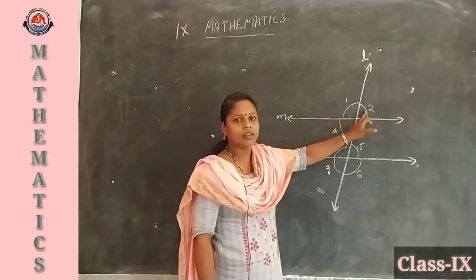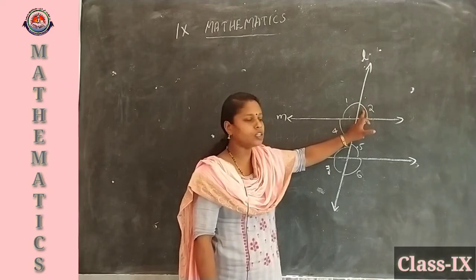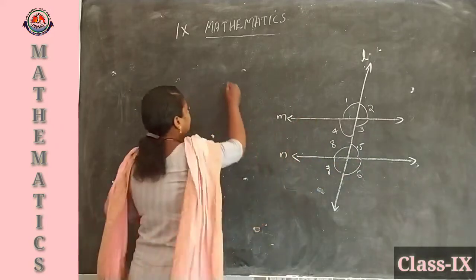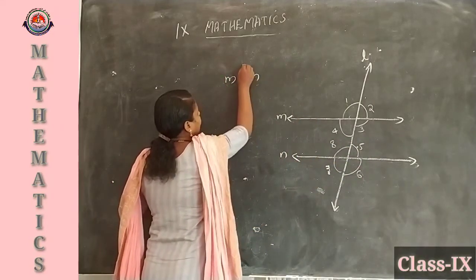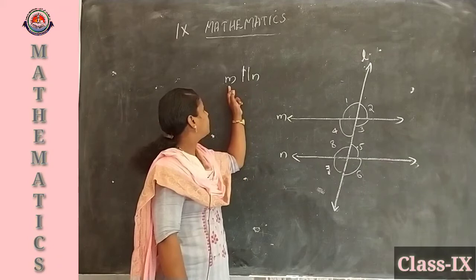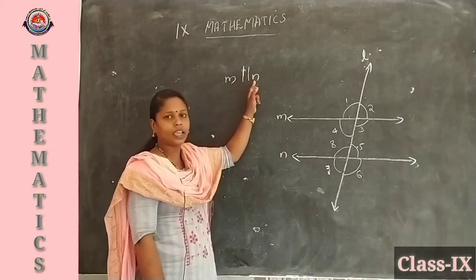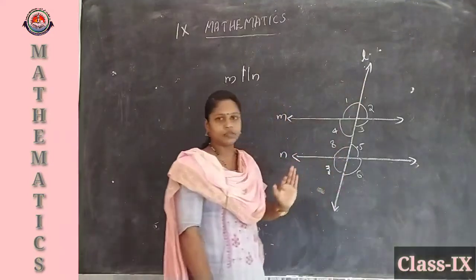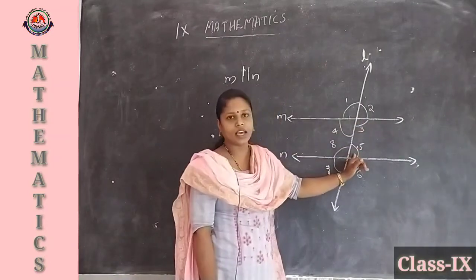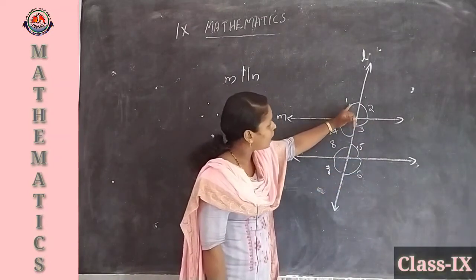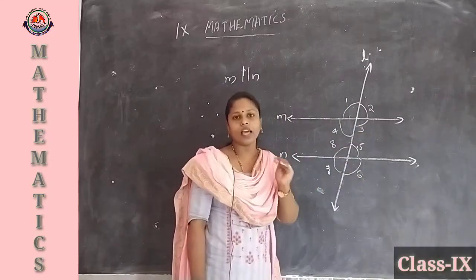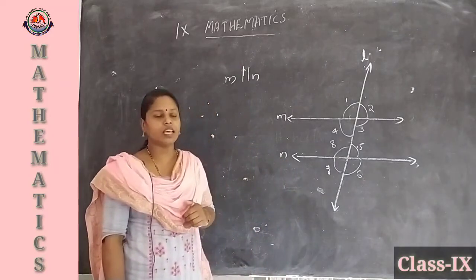If I take angle 2, the angle corresponding to angle 2 is angle 5. Line M is parallel to N, and L is the transversal. Therefore, 2 and 5 are corresponding angles, and 1 and 8, 4 and 7, 3 and 6.